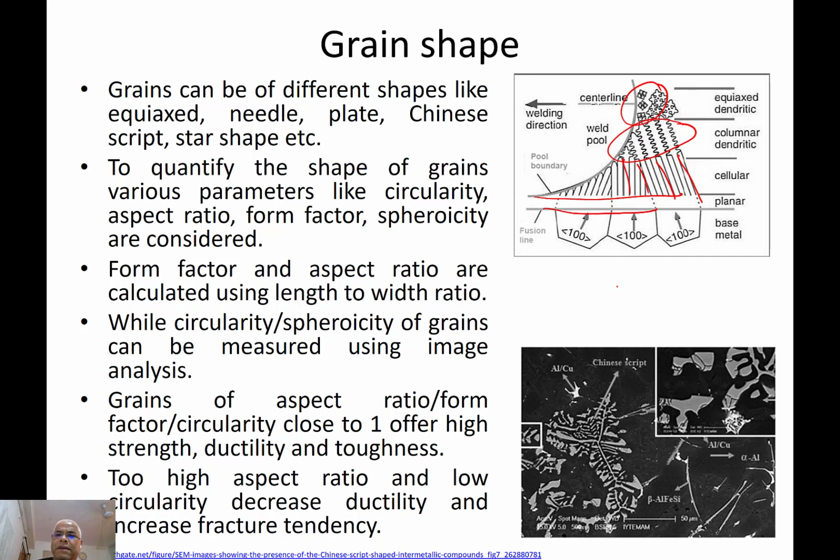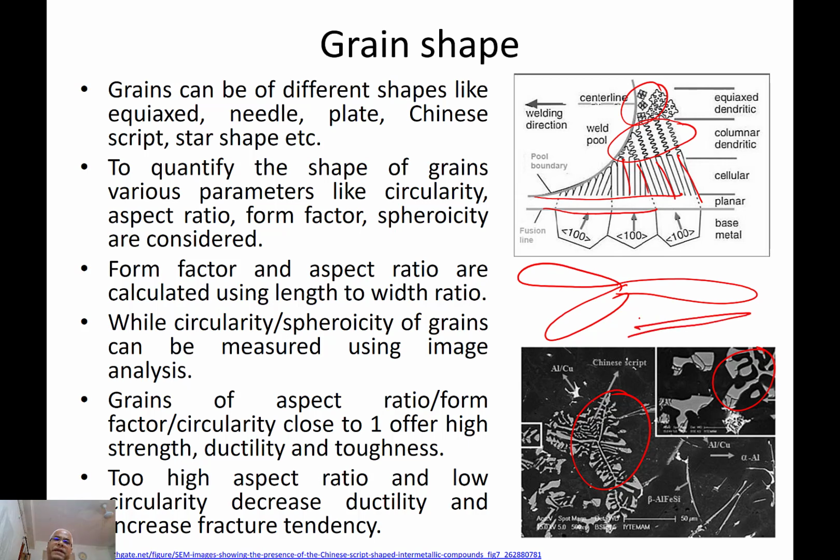Other than this, there are star shaped grains, then Chinese script grains like this, then simple needle shaped grains or plate shaped grains, flakes. So various grains are found in different shapes.